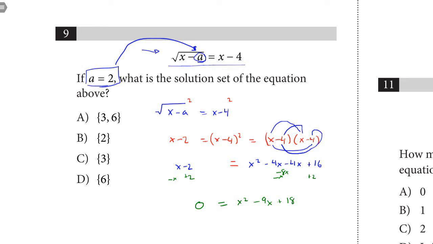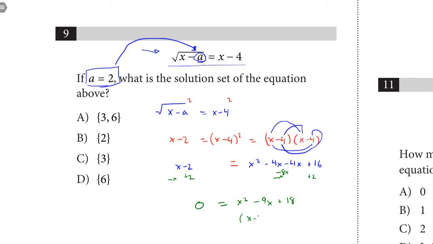Now you got to ask yourself, if I want to factor this, because when I factor it, I can get the values of x, what are two numbers that when I add, I'll get negative 9, and when I multiply, I'll get positive 18? Well, that's just negative 3 and negative 6, right? So that is how you can construct your factors.